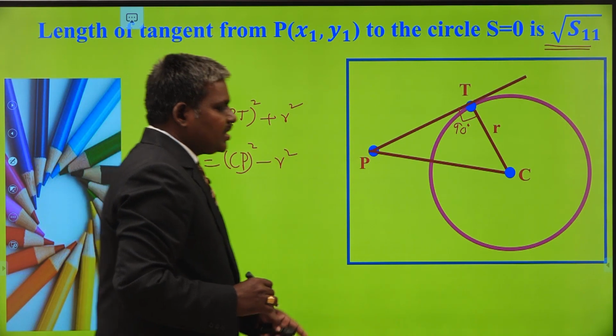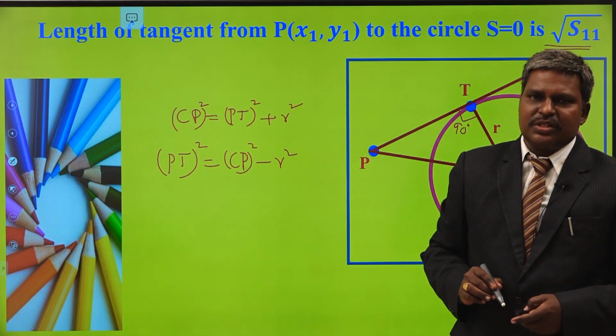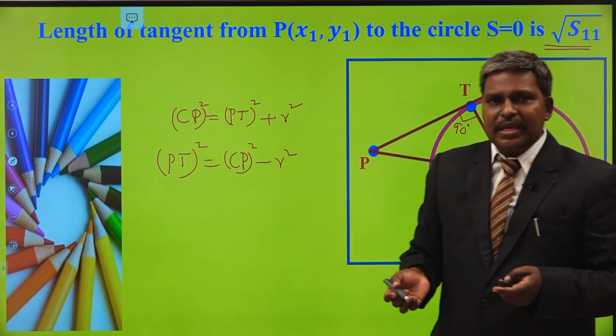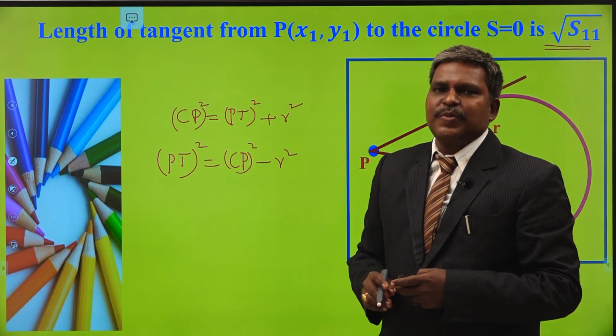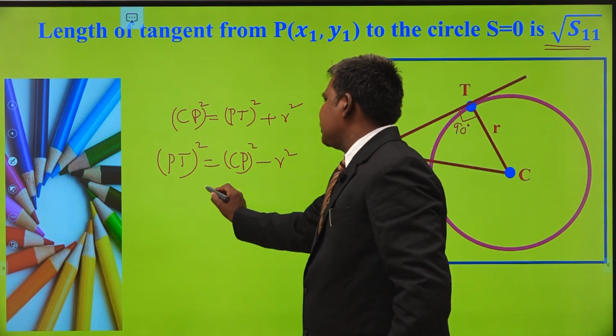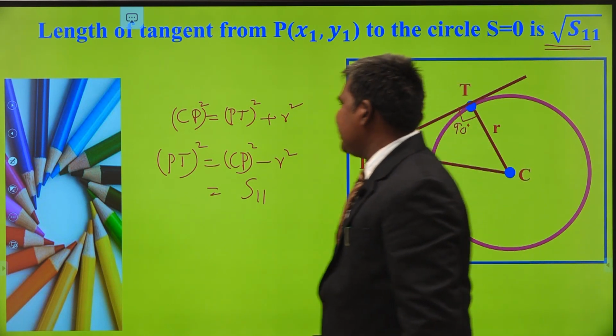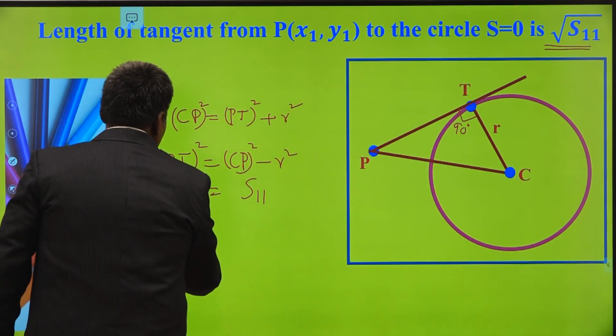My dear students, what is CP square minus R square? The power of the point P with respect to the circle. What is the power of P(x1, y1) with respect to the circle S = 0? S11. So, can I write this as S11 or not? This is my S11. So PT square is equal to S11.